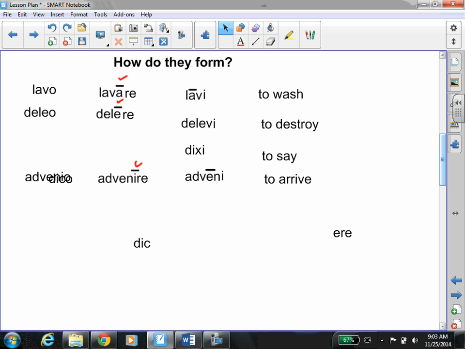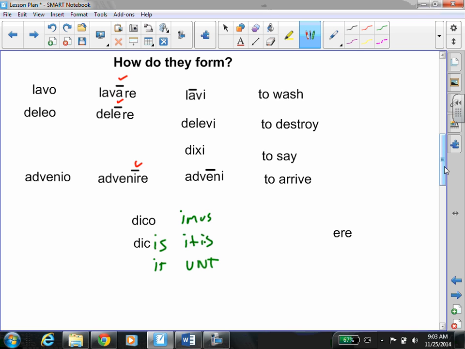Okay, we start off with dico just like we did with the others. But I actually have to add I to this guy. IS, IT, IMUS, ITIS, and UNT. Yeah, that UNT is a goofy one.